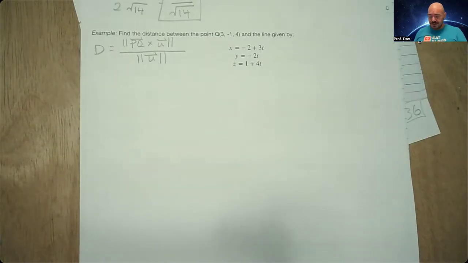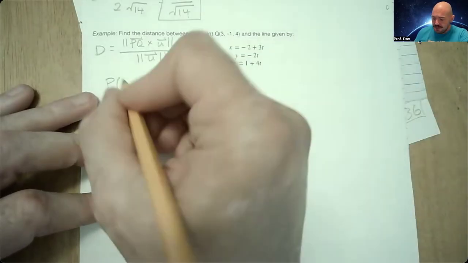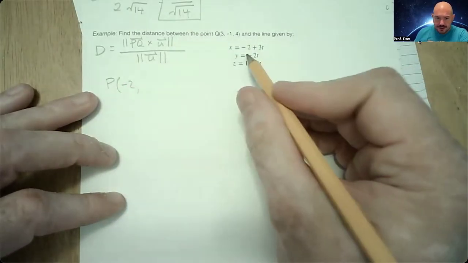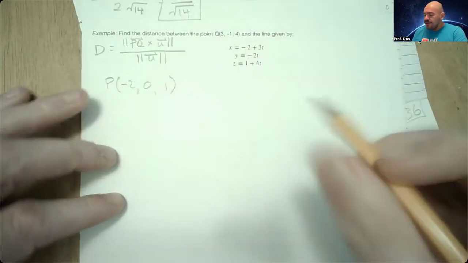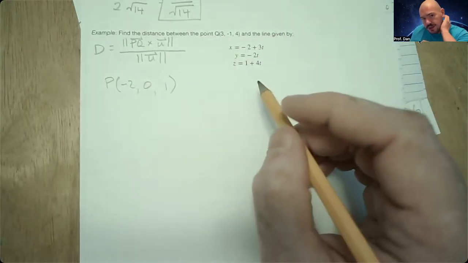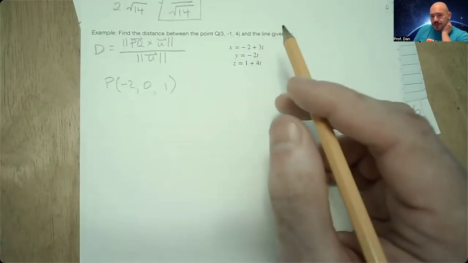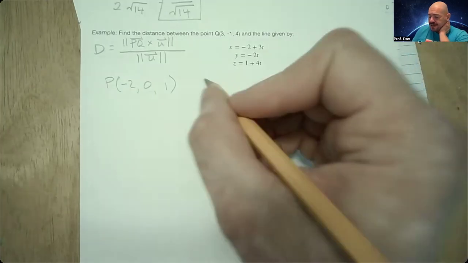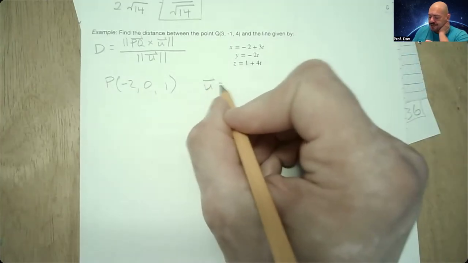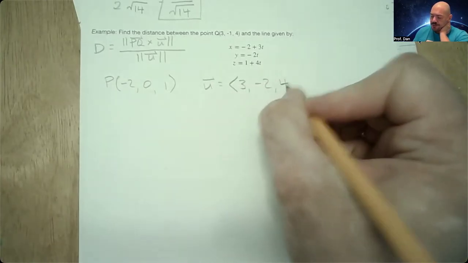That's going to be helpful because that gives us P. So we know that P is going to be -2, 0, 1. Right? And the slopes of each of these are obtained from, you guessed it, the direction vector. So our direction vector U is just 3, -2, 4.